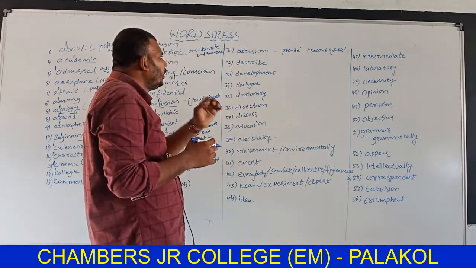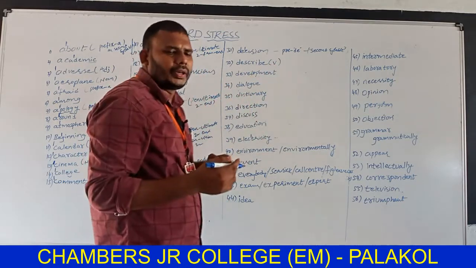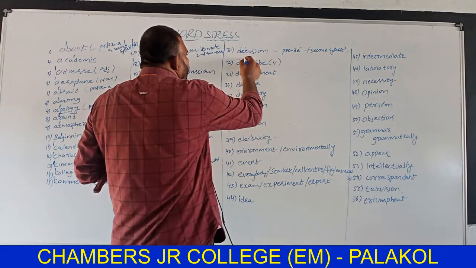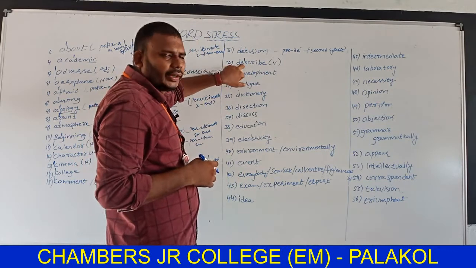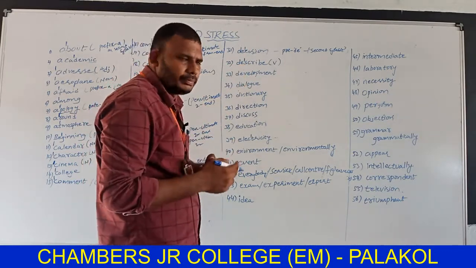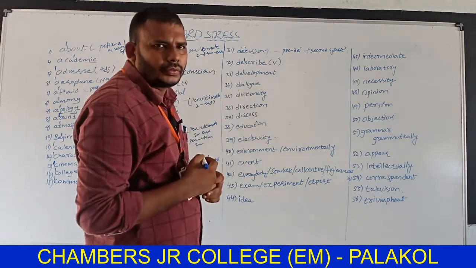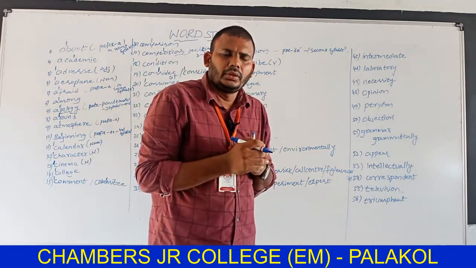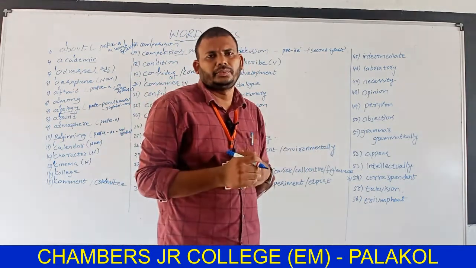And come to the next one. Describe. As it is a verb, generally a verb takes stress on the second syllable, and that too it begins with the prefix DE. So where should we put it? We should put the stress mark on S. And see the next one. Development. Here we can put stress on V. In the last rule, I said derivational suffixes cannot affect the stress.